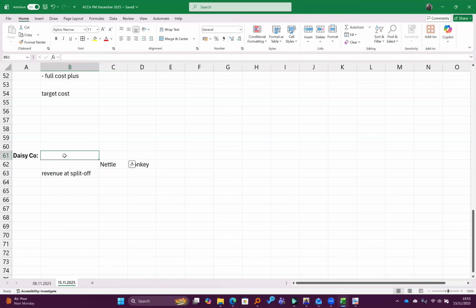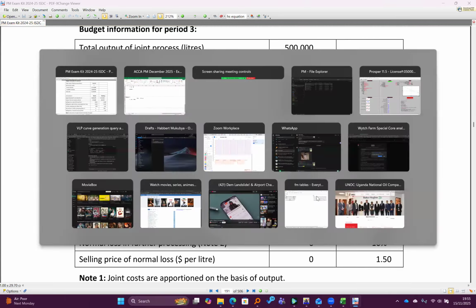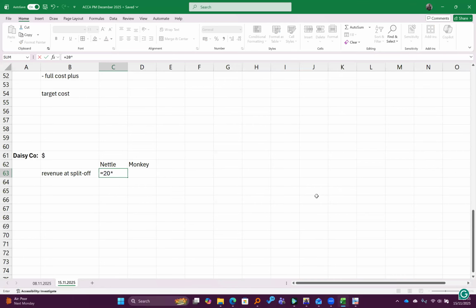I'm going to work here in dollars, not thousands, so I'm just going to use dollars. So that means if I'm at split off is $20 times 100,000 liters. So that is 6 million.